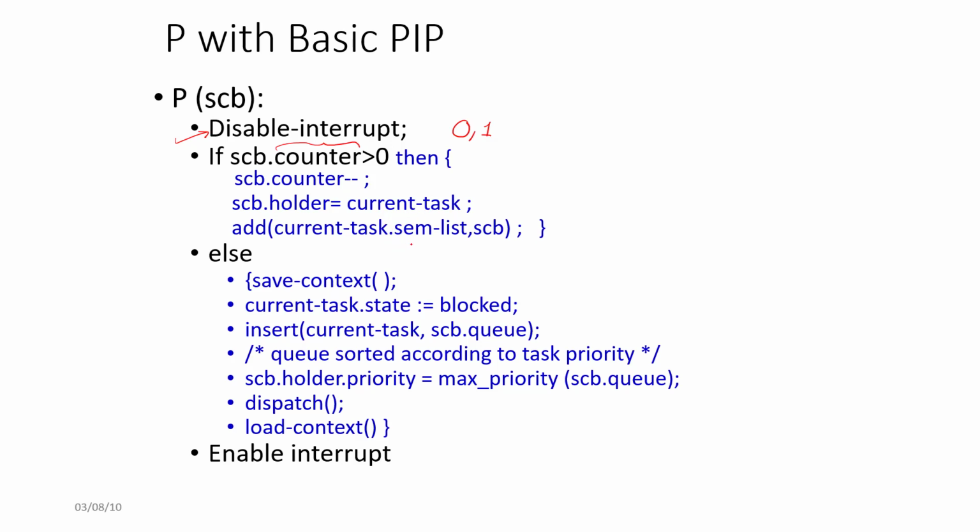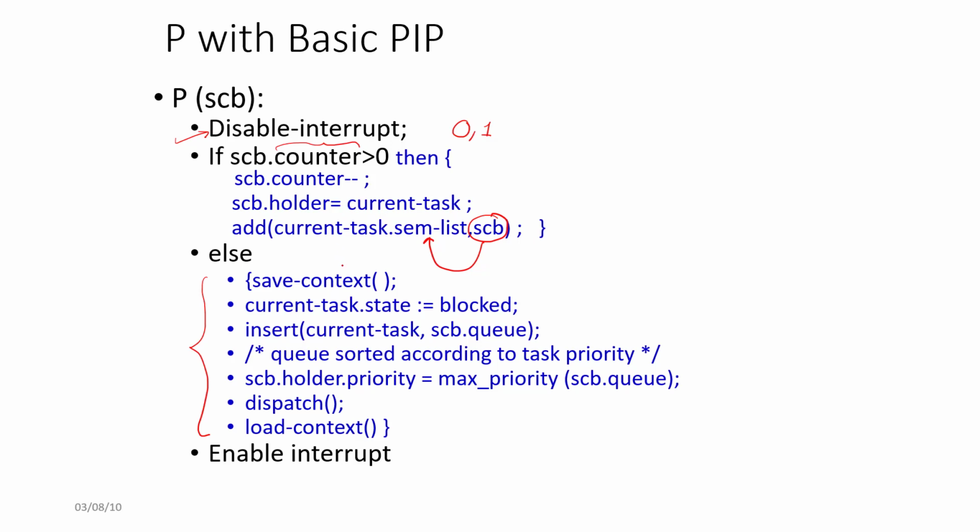And furthermore, in the semaphore list or the lock list, resource list, whatever you may call it, we add the pointer to the resource into the list. But this case is not as interesting as the other case, which is when we actually find that the resource is currently being used.